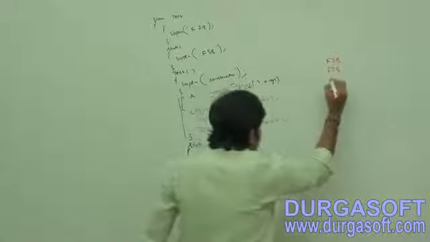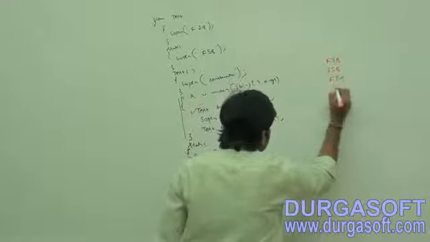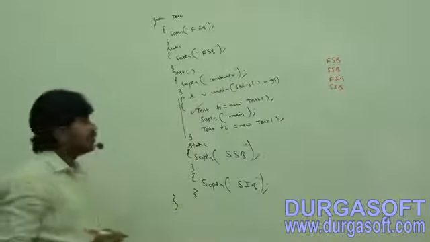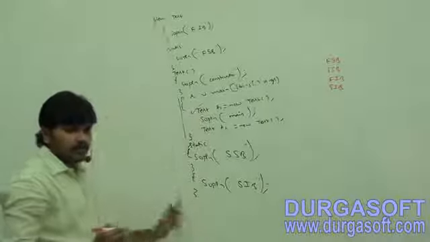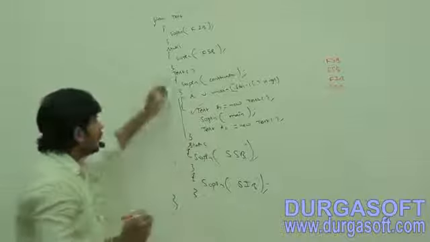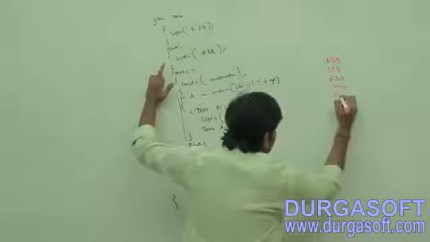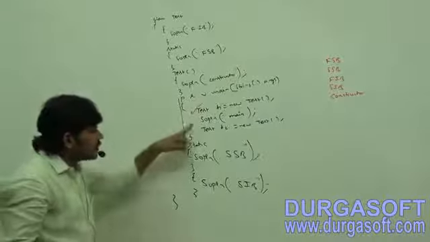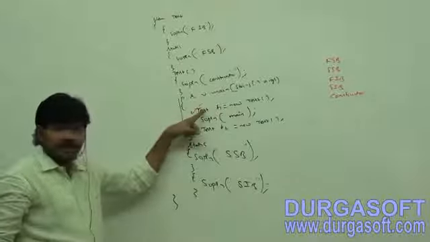That's why first instance block, second instance block. Next, execution of the constructor. So we get the constructor output, and the object got created.